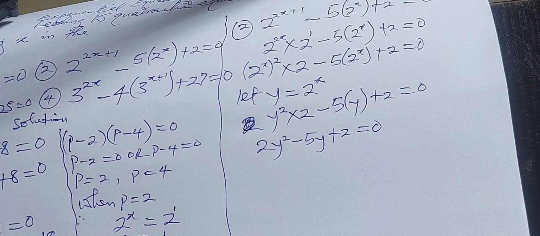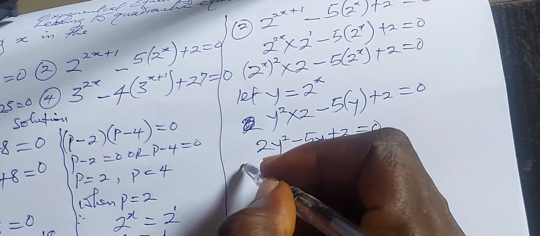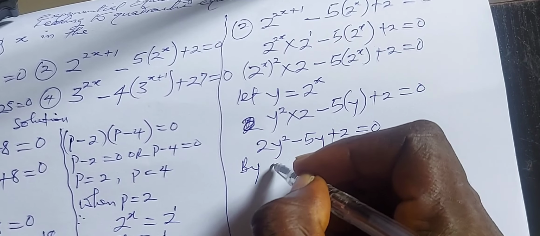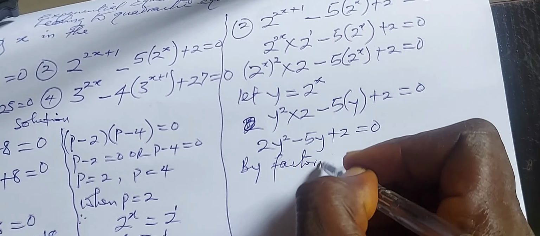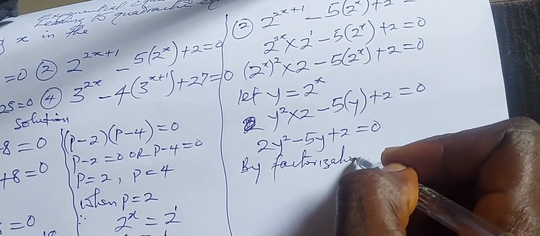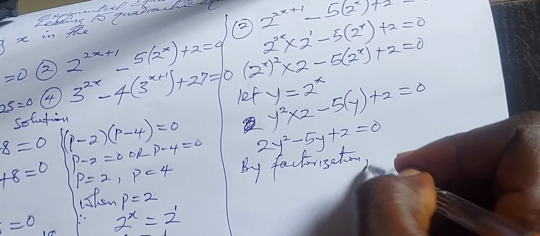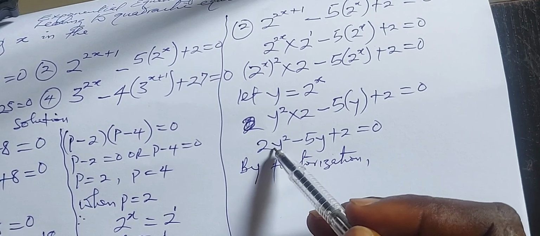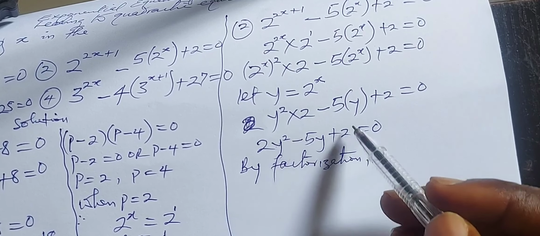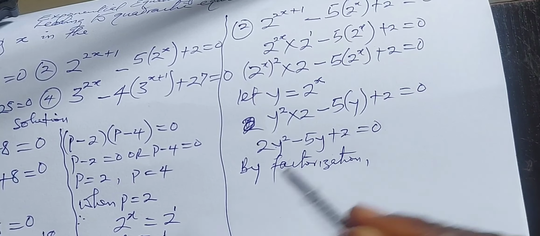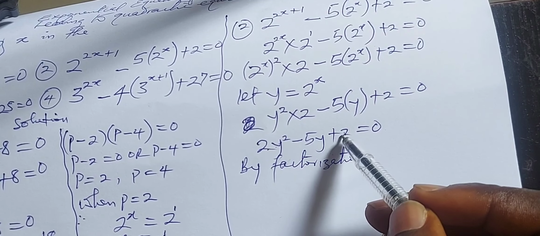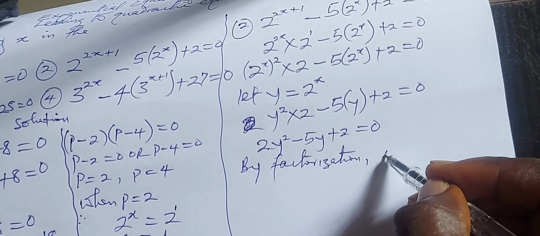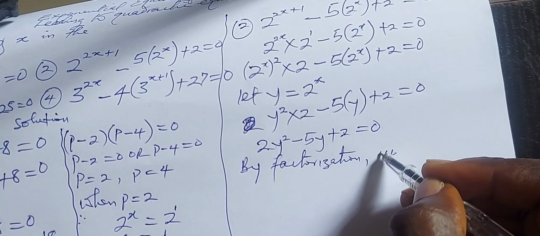So using my usual way of factorization, by factorization method, we said you multiply the coefficient of y squared by the last number to get a value. So when you multiply it, you have 2 times 2 will give us 4. That is plus 4.